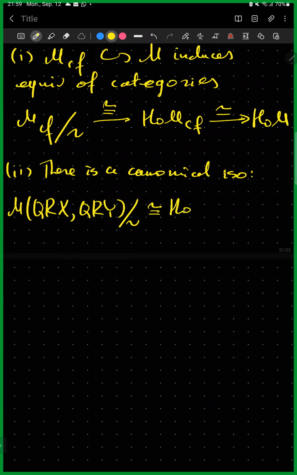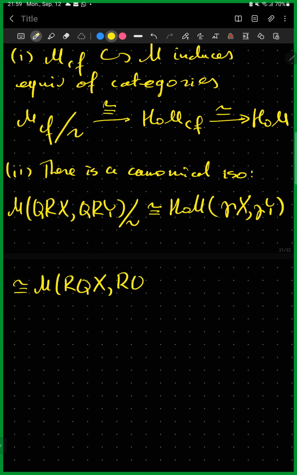This is isomorphic to the set of morphisms in the homotopy category between X and Y. And this is isomorphic to morphisms between fibrant and cofibrant replacements applied in the reversed order, modulo the homotopy relation.